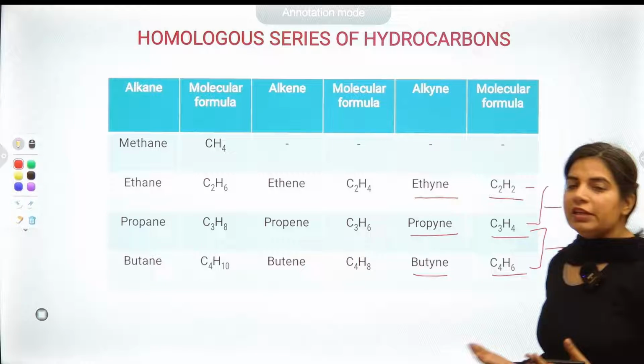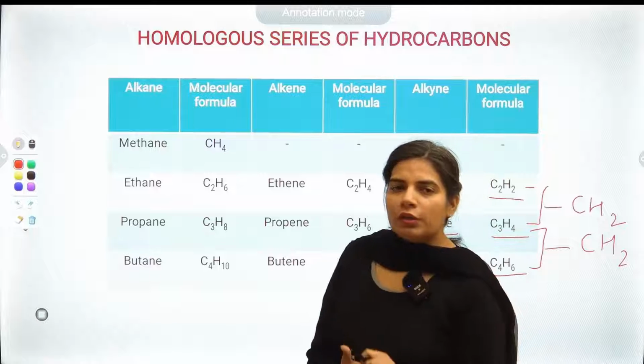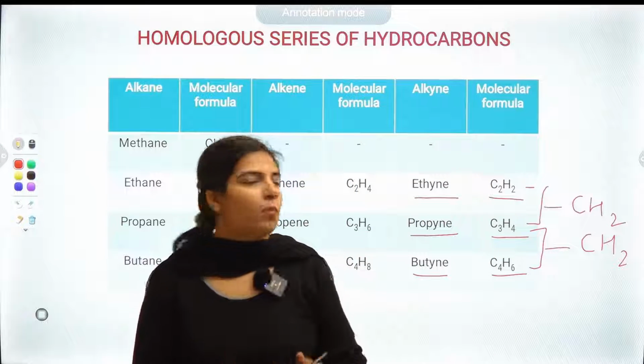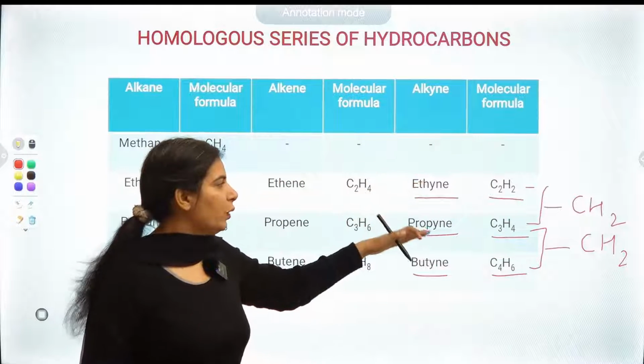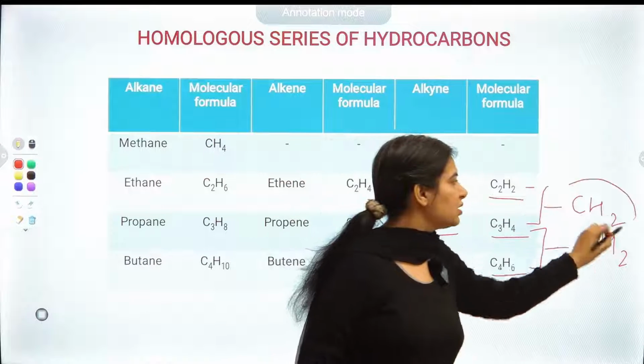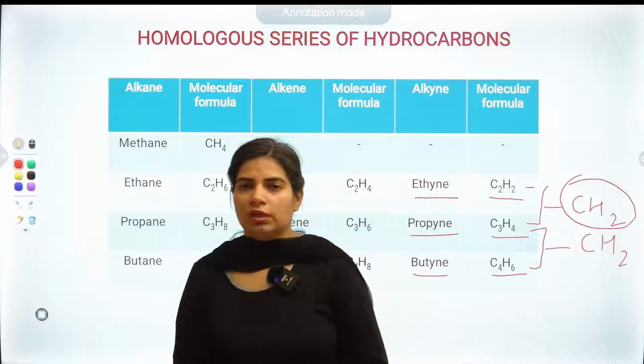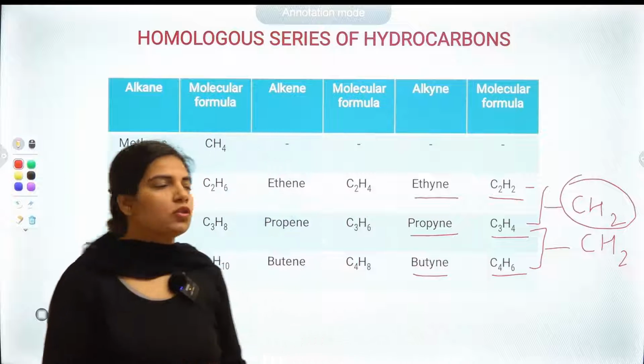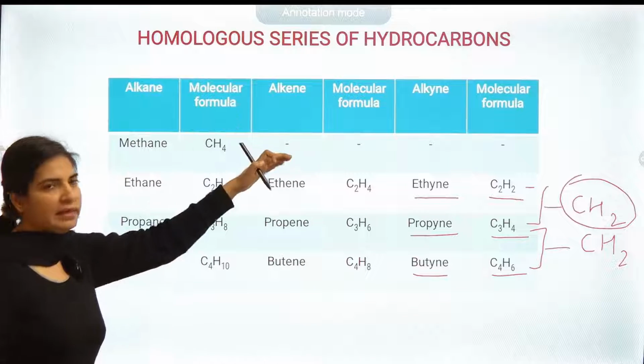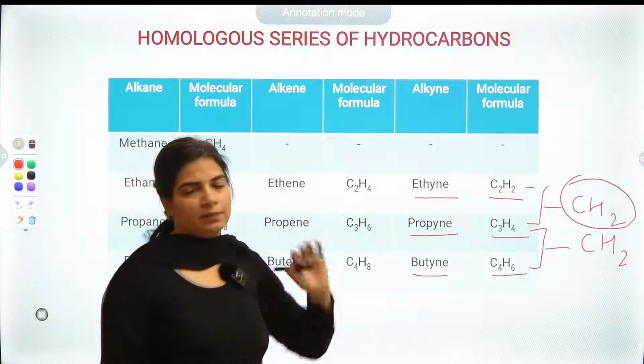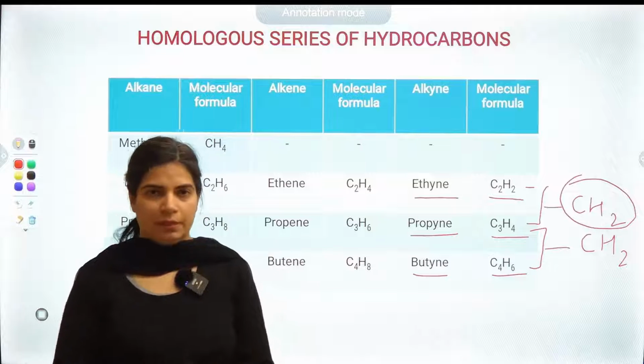So, in short, in homologous series, the difference from one member of the series to another member of the series will be CH2. It doesn't matter whether we are taking the case of alkane, alkene or alkyne. The difference remains the same.